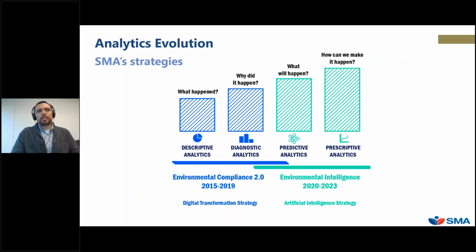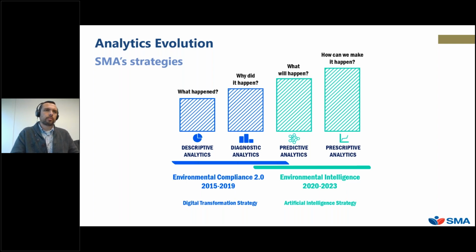So after this first stage, we have developed descriptive and diagnostic analytics capabilities. That means that we are taking data from the past to answer questions such as what happened and why did it happen, thanks to our environmental compliance digital transformation strategy. But now we need to look forward.